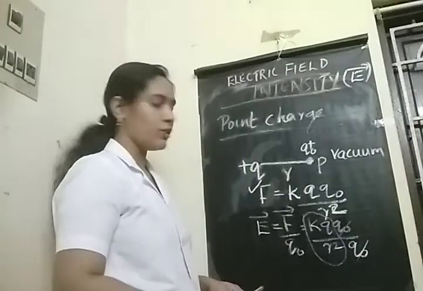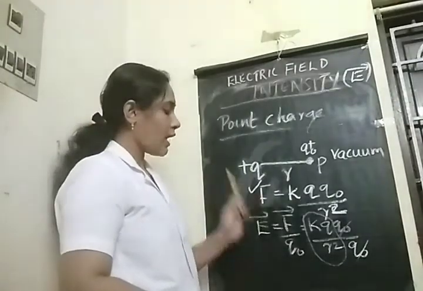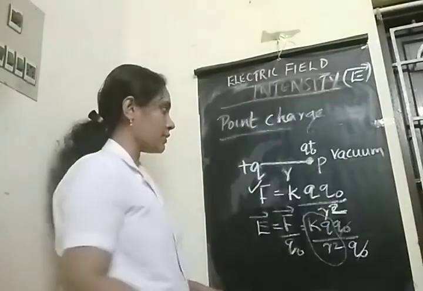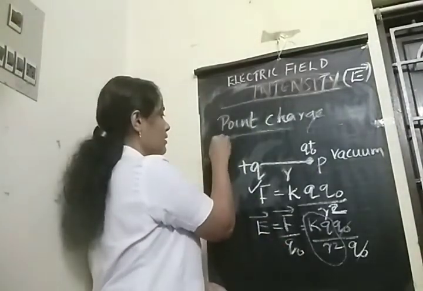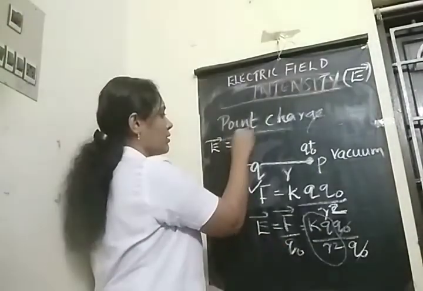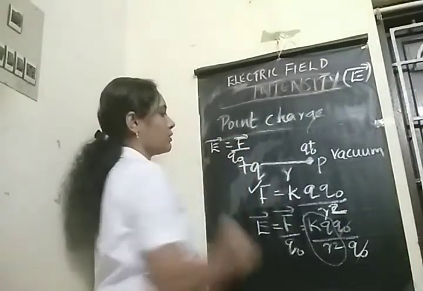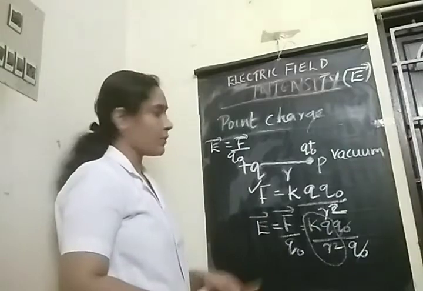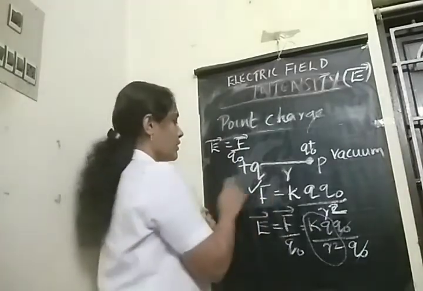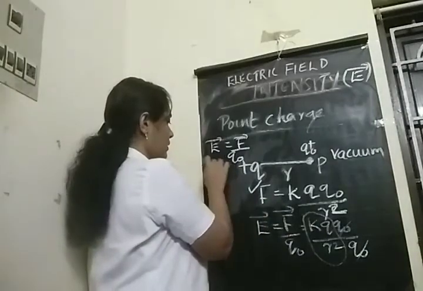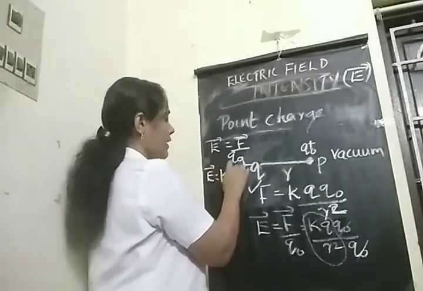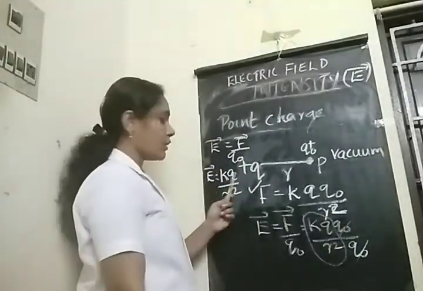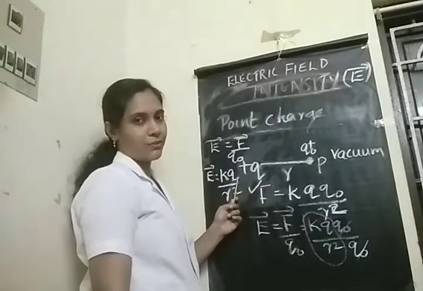There are two equations to find out electric field intensity at a point. What is the first equation? E = F / Q0, electrostatic force divided by the test charge. And also we have one more equation, E = K Q / r², where Q is the source charge.